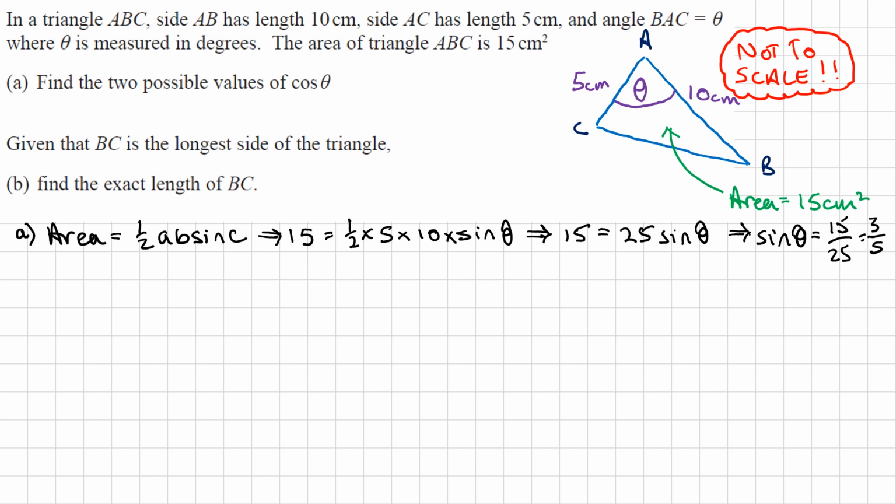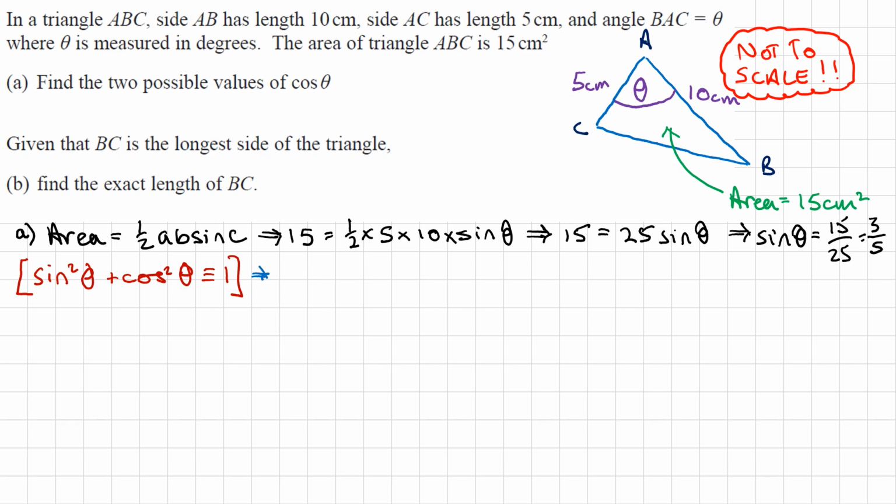Now I don't need to find out what theta is going to be. I can use sine theta to find cos theta, and the way I'm going to do that is to use the identity sine squared theta plus cos squared theta is equivalent to 1. So that should be fairly straightforward.